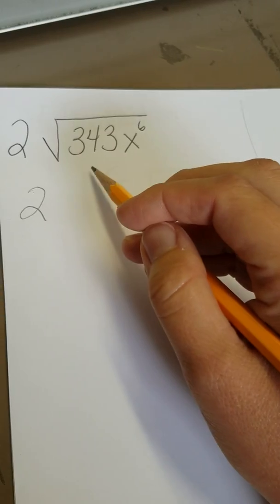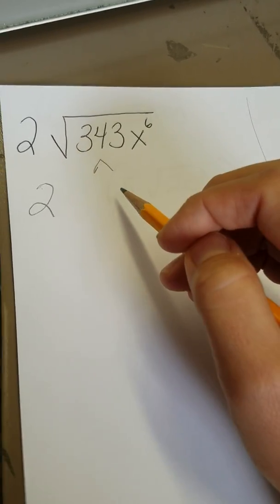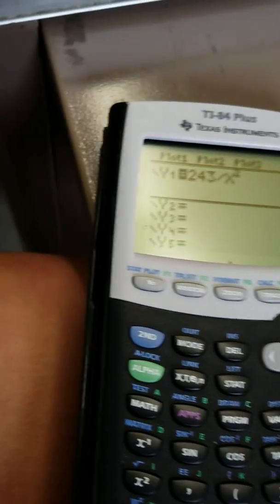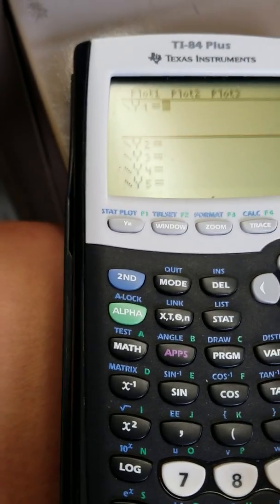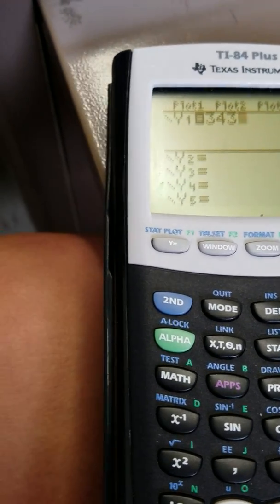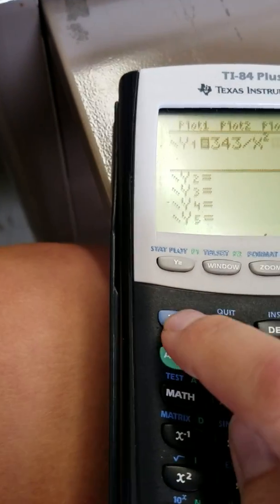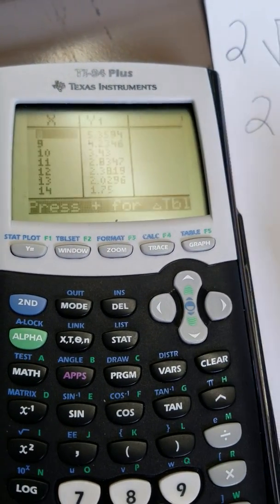Now I break down 343. I could do this on my calculator by going over here to y equals. I'll clear that out. 343 divided by x squared. Hit second function graph to get the table.